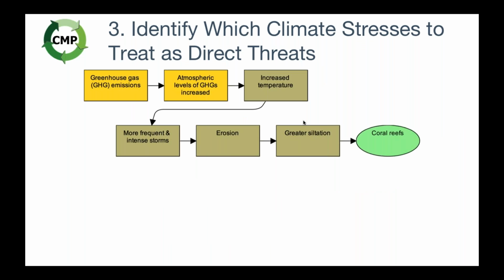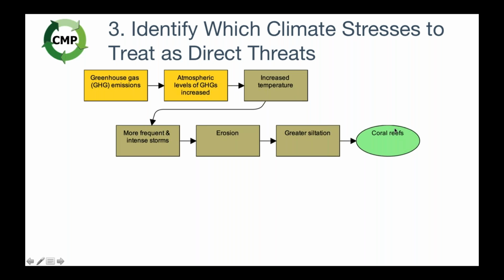So back to that question of which climate stresses to treat as direct threats. I'm going to go through one example, then talk about our general guidelines on this, and then show a couple of other examples.